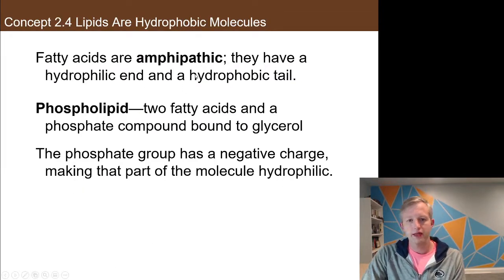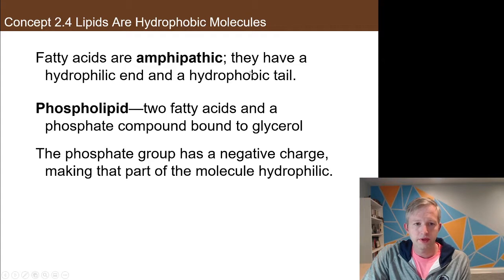So they're amphipathic, which means they have a hydrophilic end and a hydrophobic tail. That's individual fatty acids. Phospholipids use this to their advantage and create this hydrophobic tail end, and then the hydrophilic end, which is the phosphate group that is bound to the glycerol.